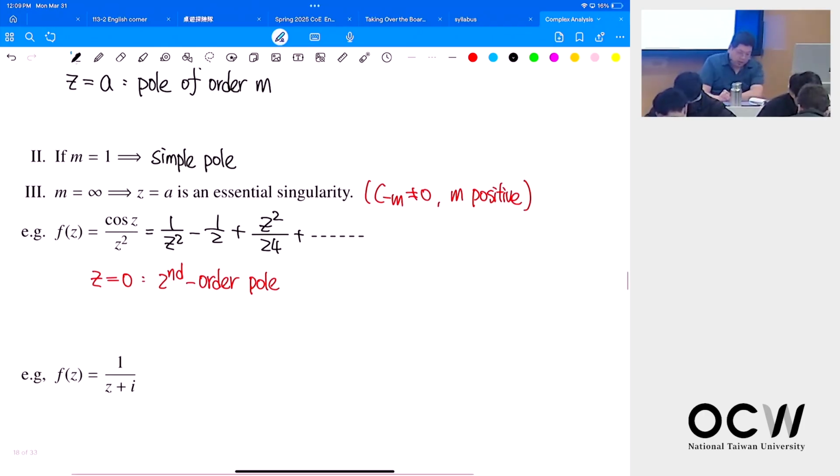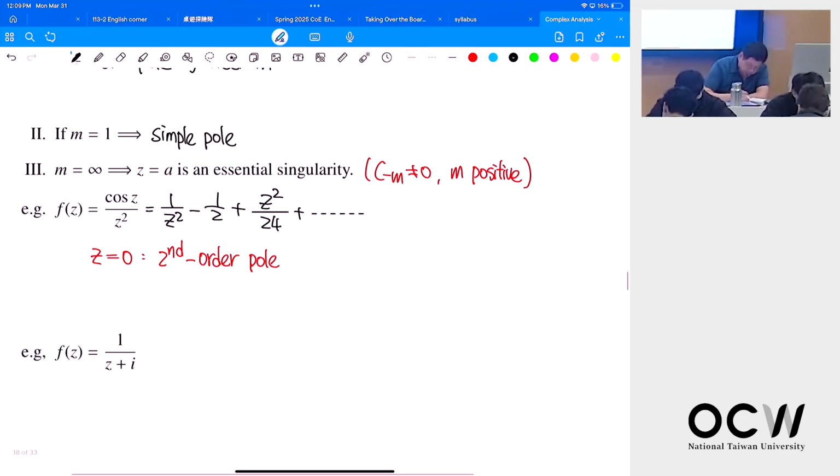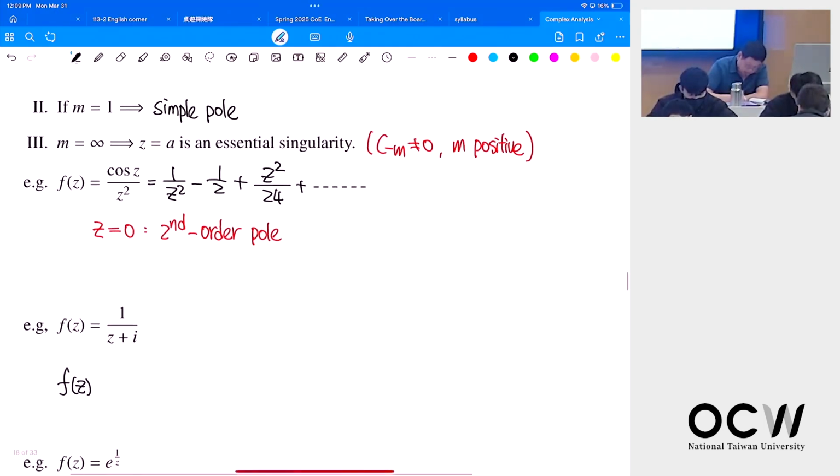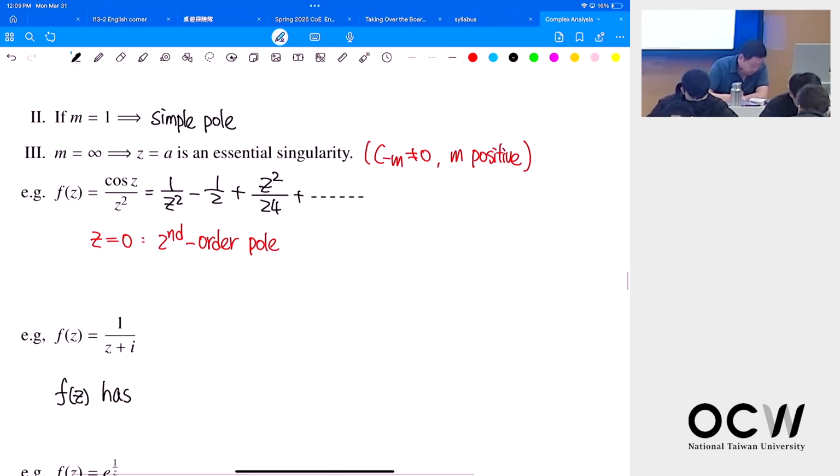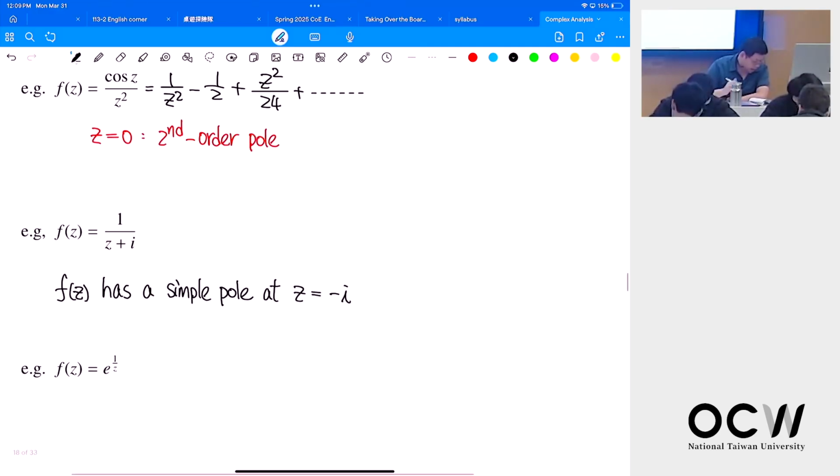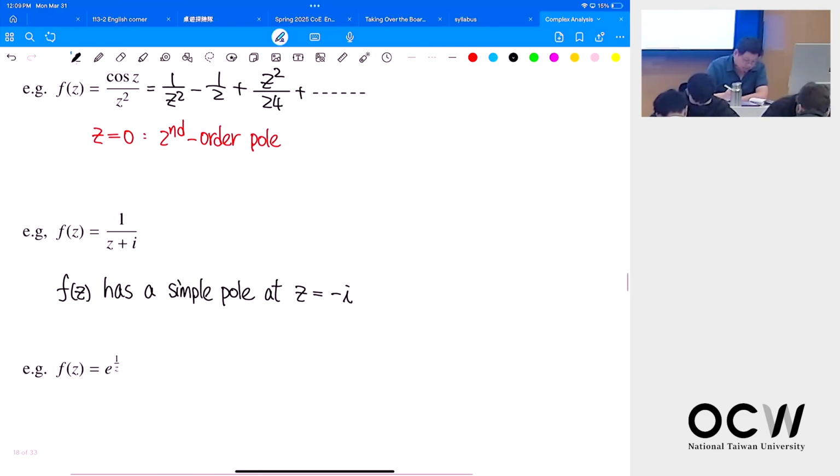And the next one, 1 over z plus i, then we can say the function f of z has a simple pole at z equals minus i. And f of z equals z to the 1 over m.